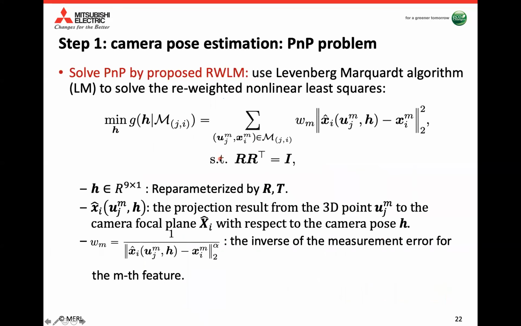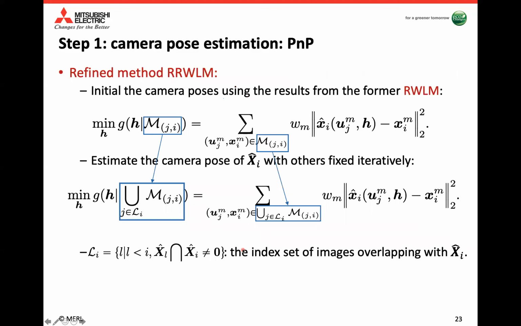We propose a method called RRWLM to solve the PnP problem, which iteratively minimizes robust reweighted nonlinear least square problems. Here, W means reweighted. It is the inverse of the measurement error for the ith feature, which softly rejects the bad feature points. We also propose a refined method, RRWLM.